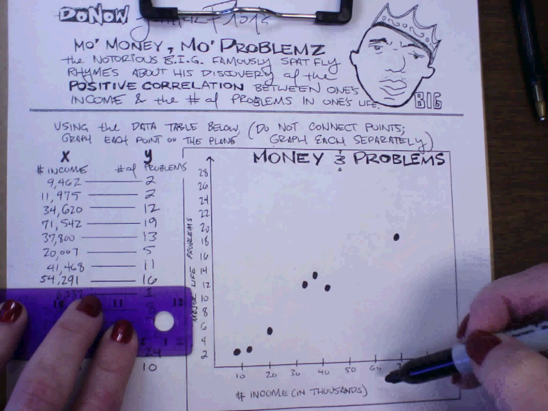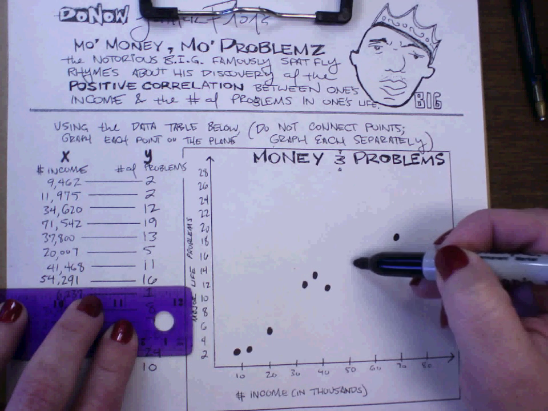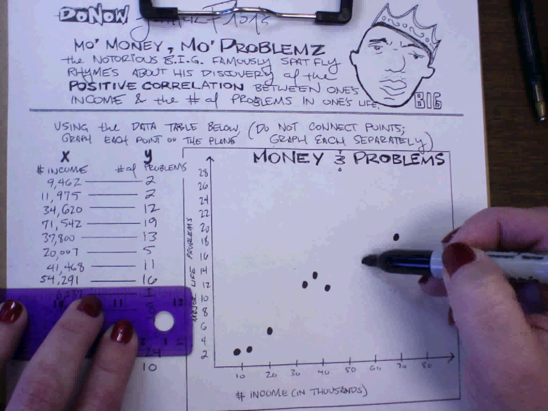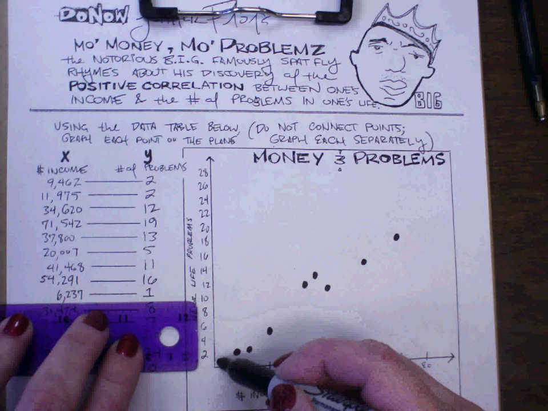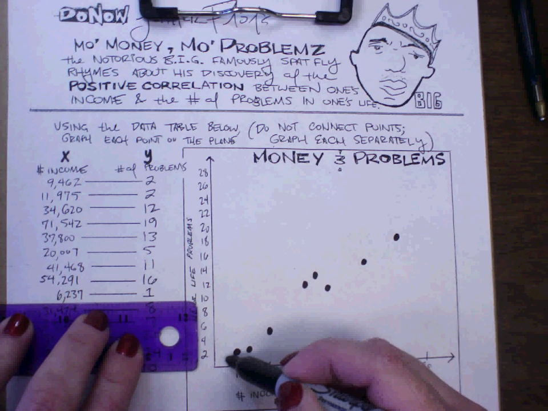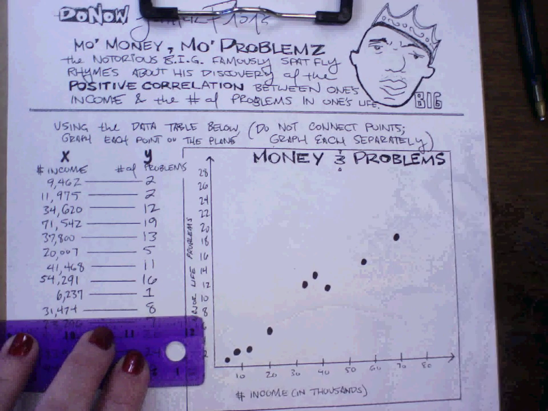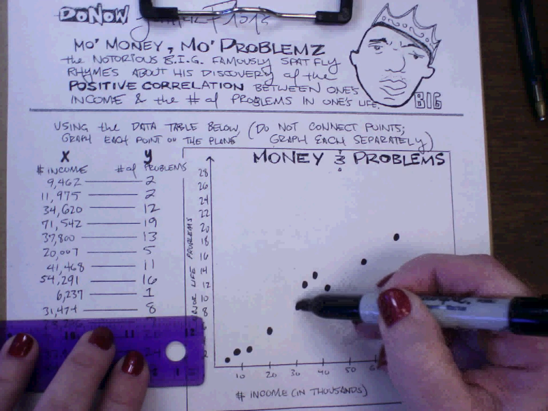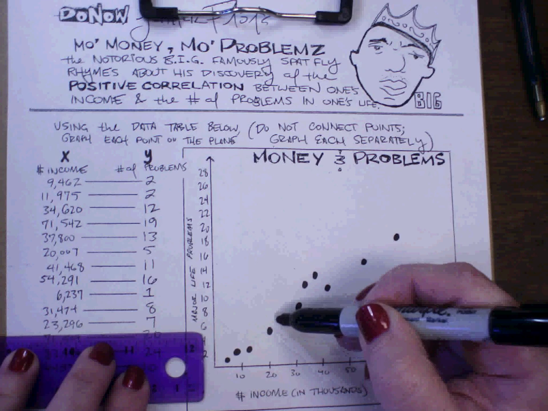About 41, 511. 16, 55, and 16 maybe? Somewhere over there. All right. 1 and 6,000. All right. 31 and 8.